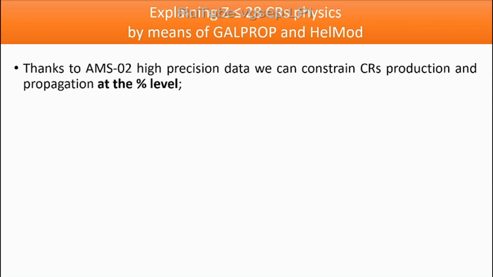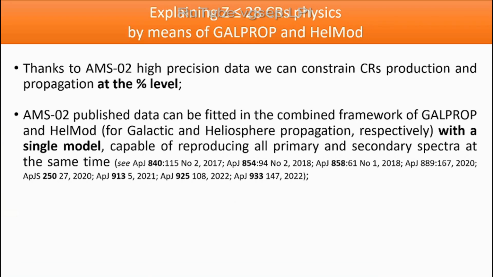We see it. You know that thanks to recent AMS-02 measurements, we can now constrain cosmic ray propagation and production at the percent level. And all AMS-02 data published until now can be fitted in a combined framework using GALPROP and HELMOD.